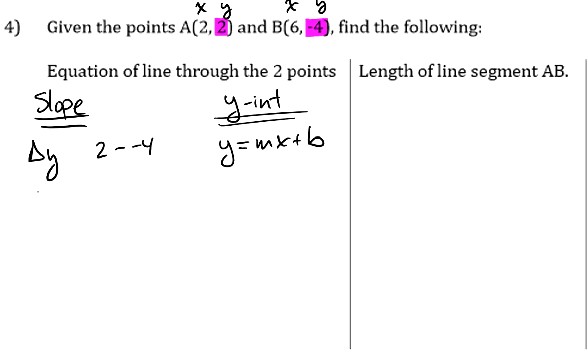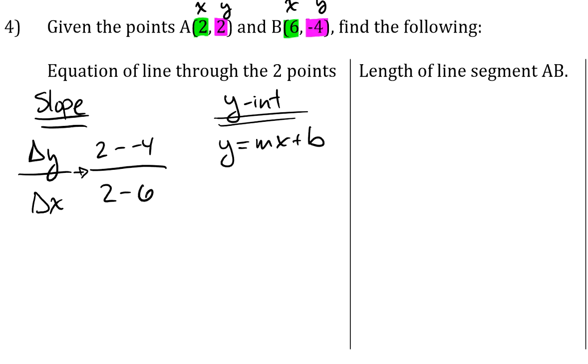I also need to find the change in x, the difference in the x's. To do that, I am going to look at my x values. I've got a 2 and a 6. And to find the difference between 2 and 6, I'm going to write 2 minus 6. So in my numerator, 2 minus -4, I have the number +6, right? 2 minus -4 is +6.